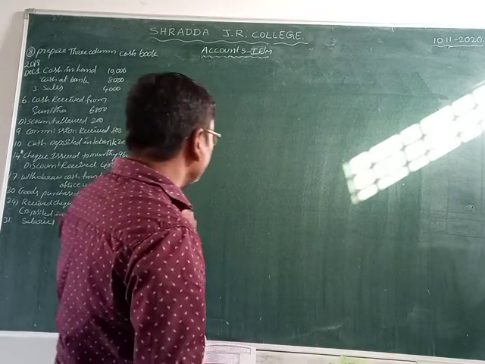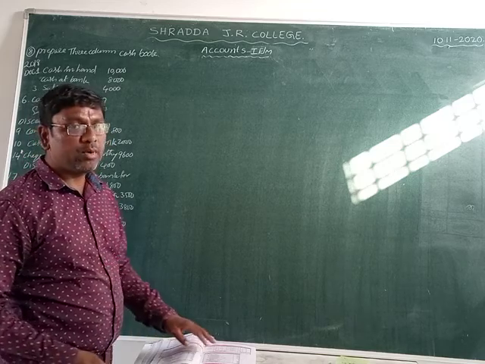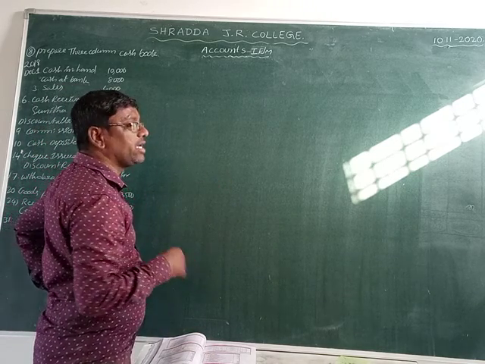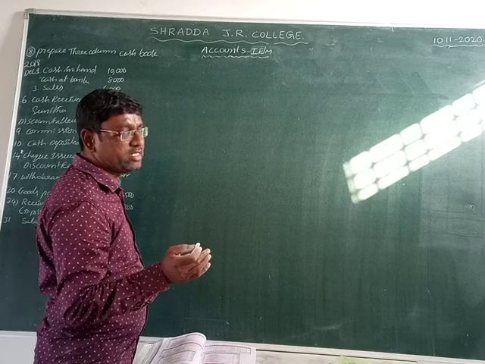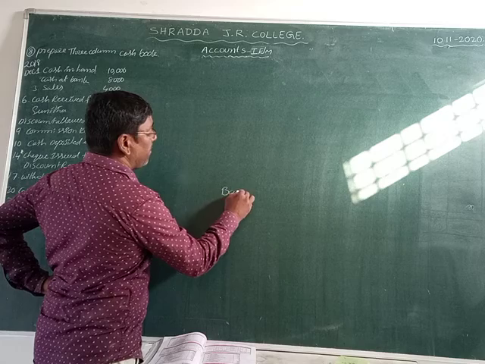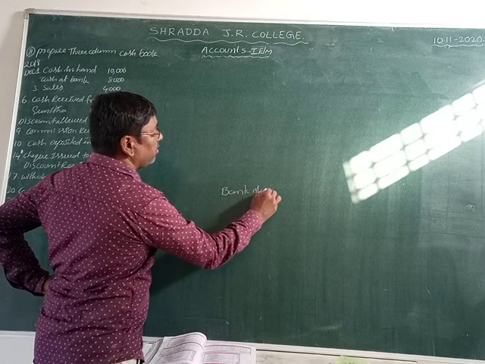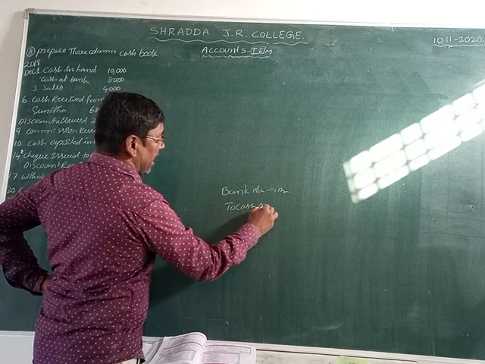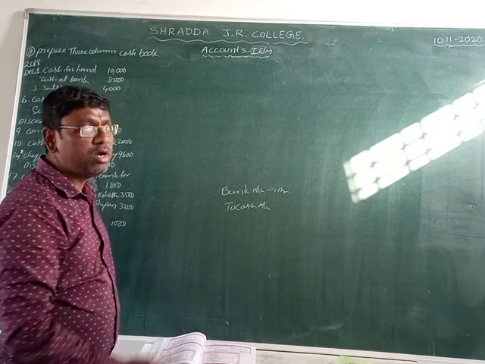Why? Because when we deposit cash, what is the general entry? Deposited, and who is the receiver here? The bank is the receiver, and cash goes out of the business. So it is bank account debit to cash account.